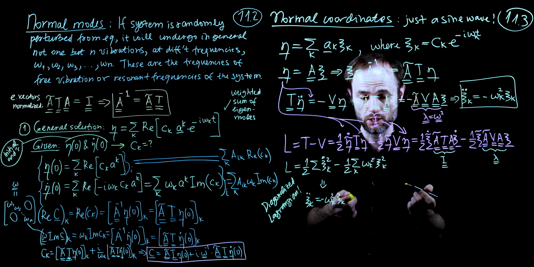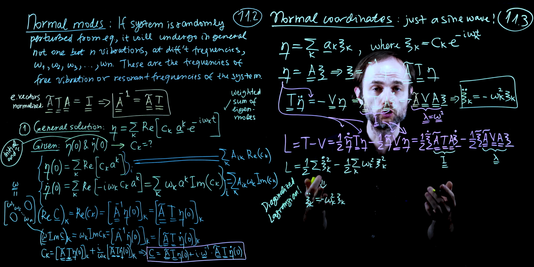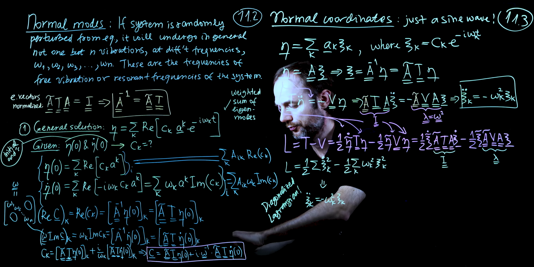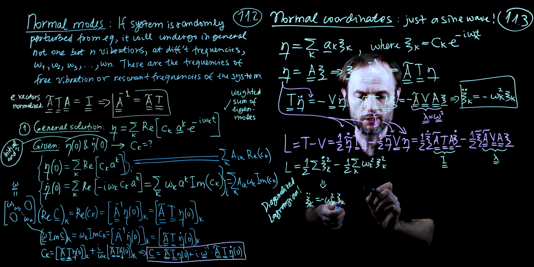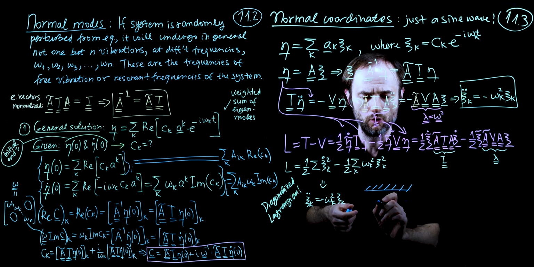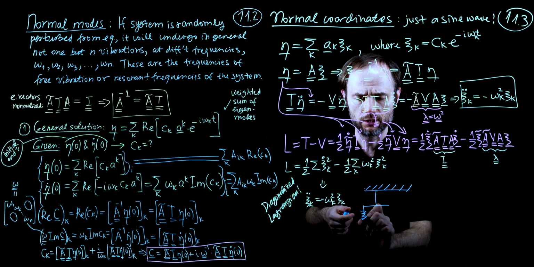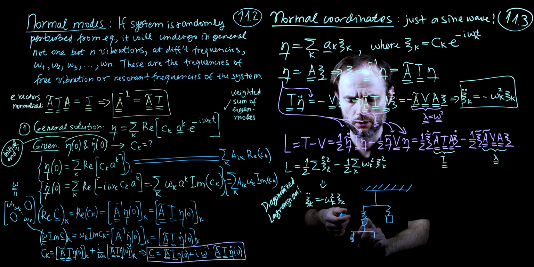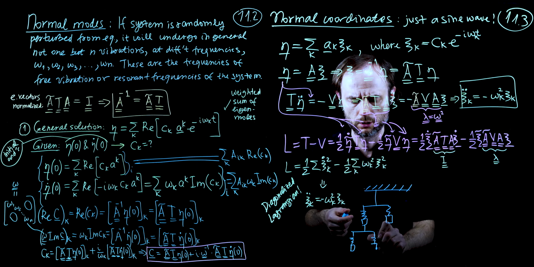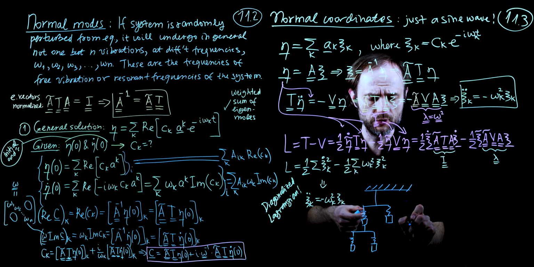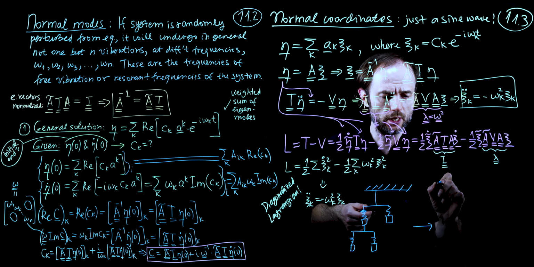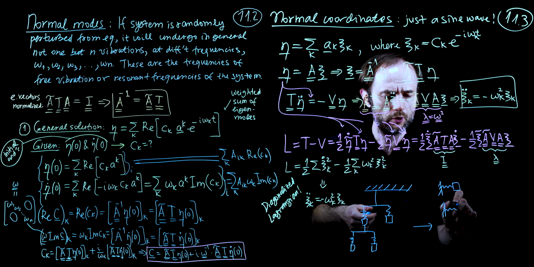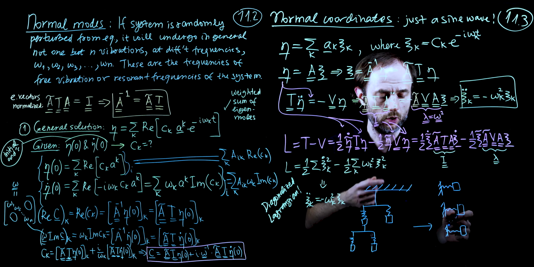And in kind of visual form, we've gone from something that looked like a complex interacting system of many interacting oscillators, we've gone from this complicated system to something that is the sum of independent, not coupled oscillators.